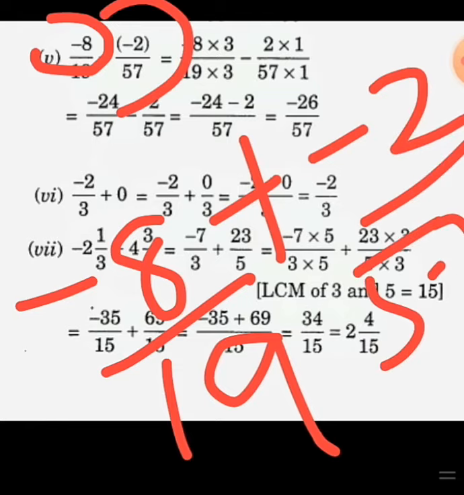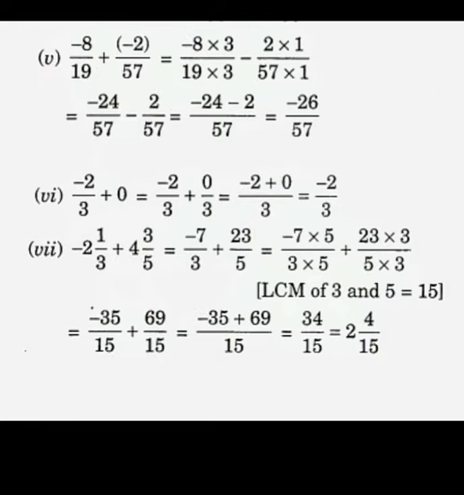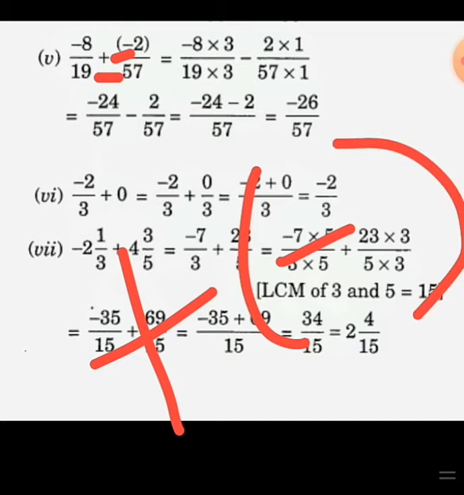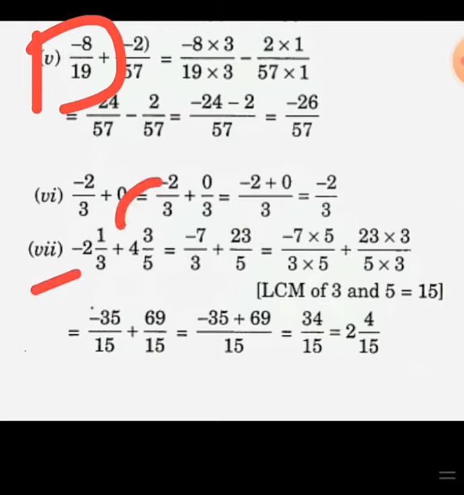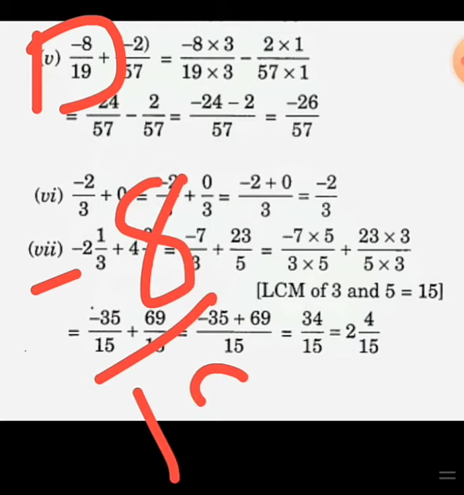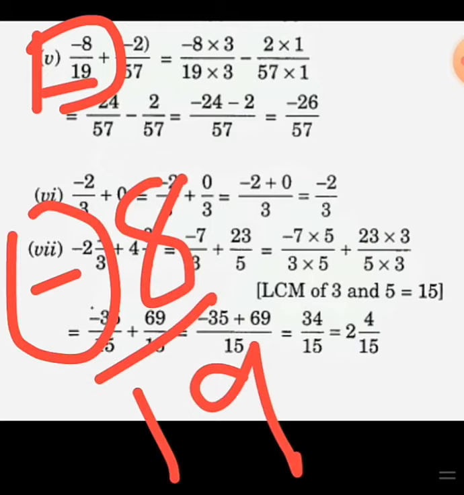Two signs are given together, plus and then this minus. Whenever two signs are given together without any number in between, you have to multiply and make it one sign. There is no problem for the first sign because it is only one negative, minus 8 upon 19, so you don't have to change it.